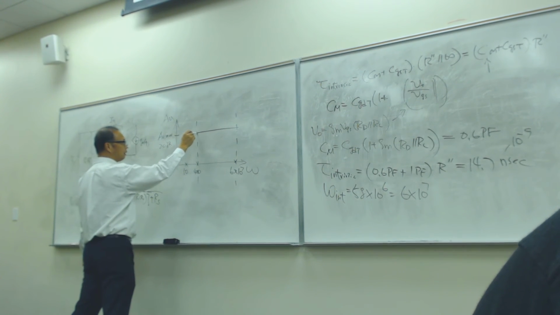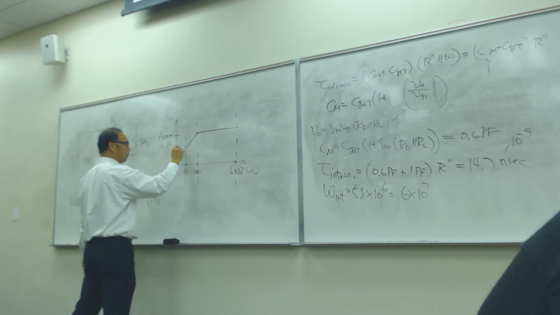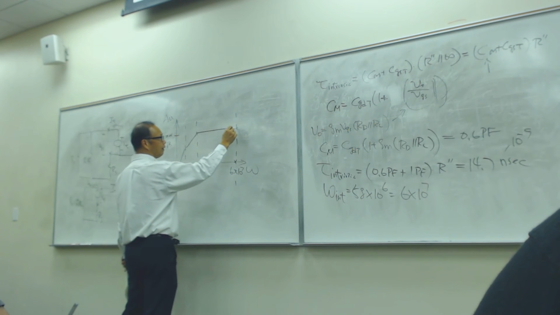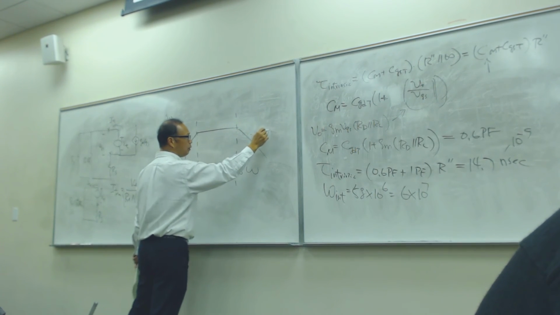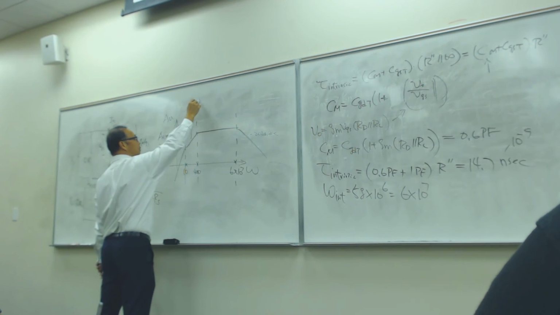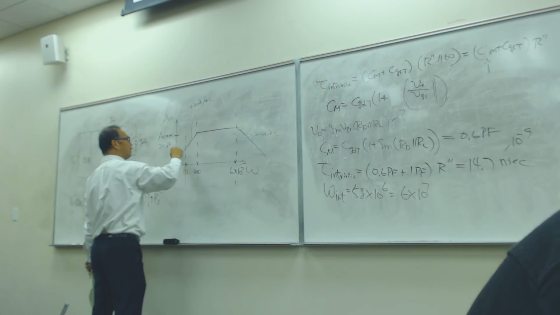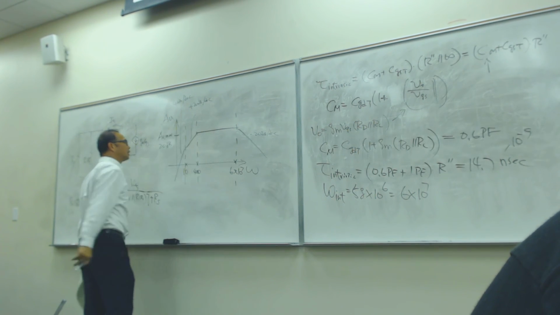Right, so here we have a drop, here you have more drop. So this is minus 20 dB per decade. This is plus 20 dB per decade. This is 40 dB per decade.